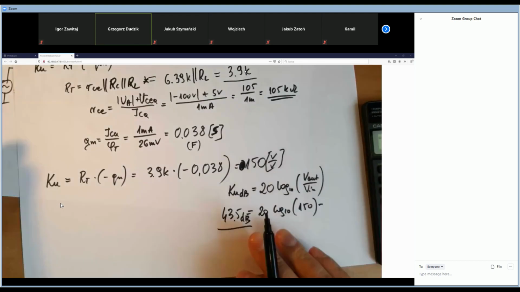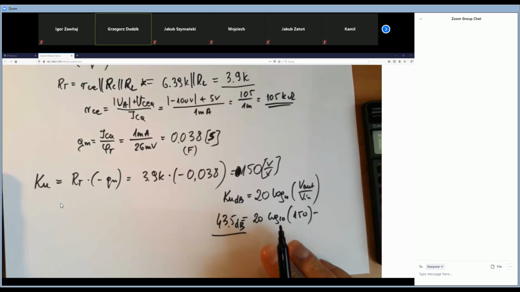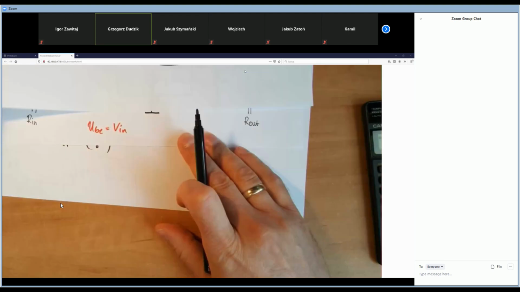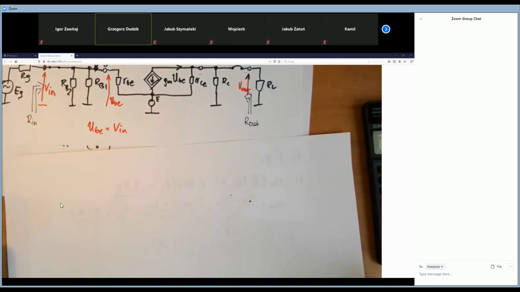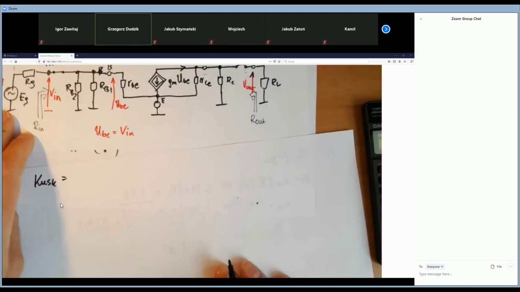All right, so let's calculate the effective voltage gain.